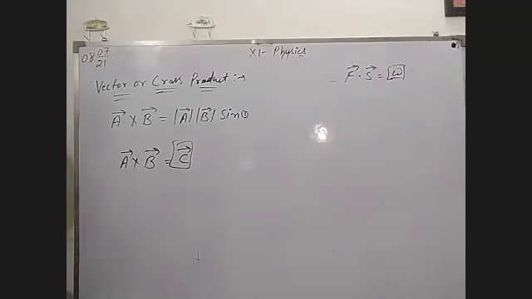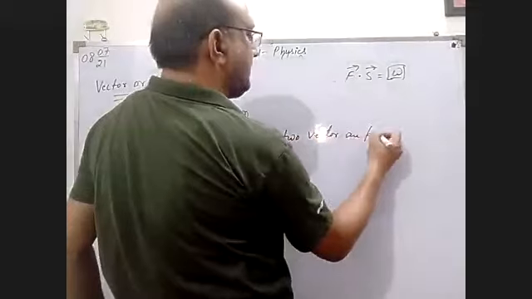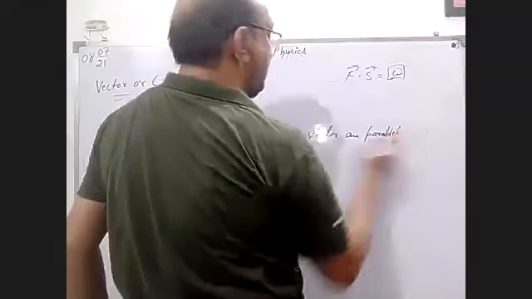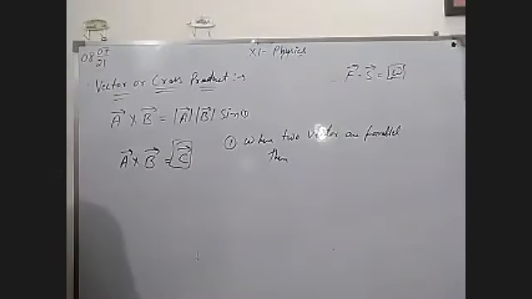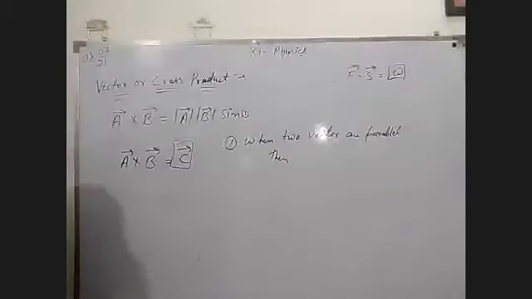Another thing is, when two vectors are parallel, then I cross I, J cross J, and K cross K is 0.